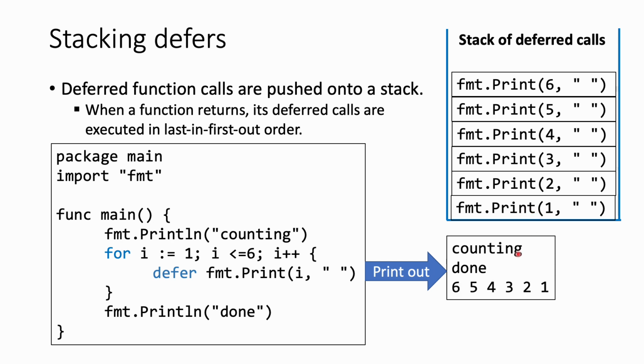As a result, we see that it prints 6, 5, 4, 3, 2, 1. If there were no defer keyword here, it would have printed out counting, then 1, 2, 3, 4, 5, 6, and then done.